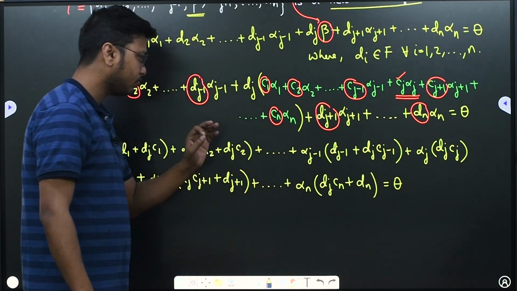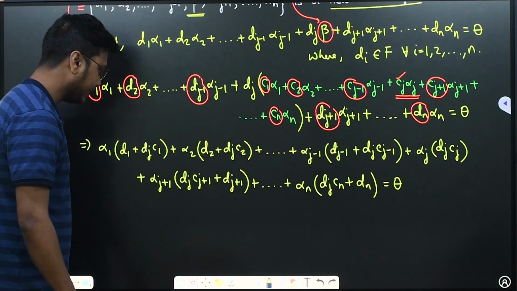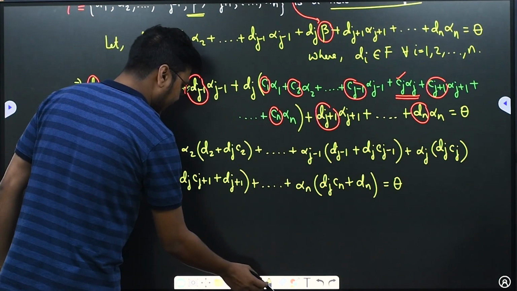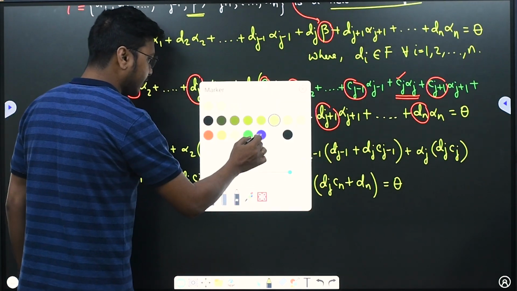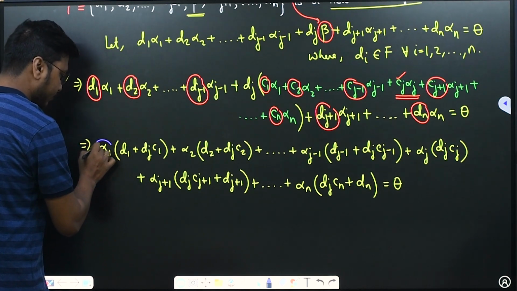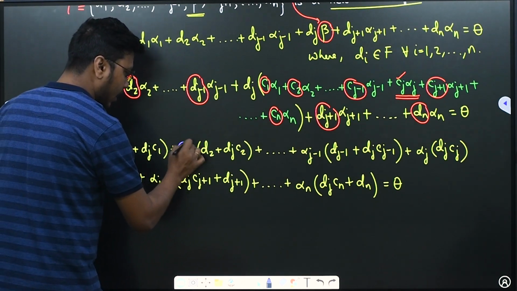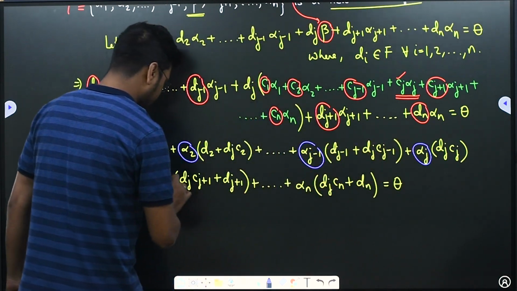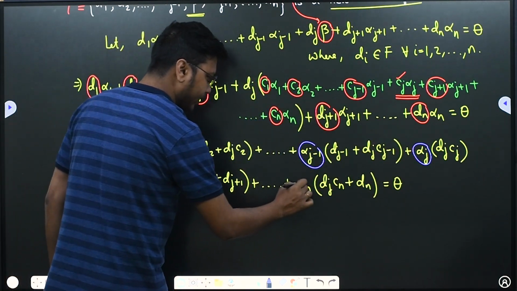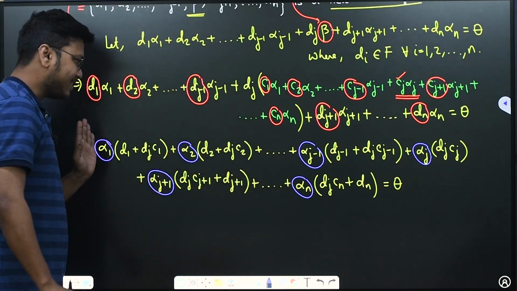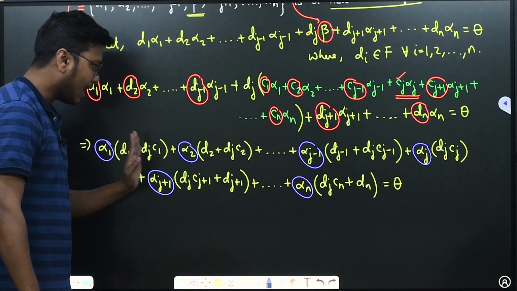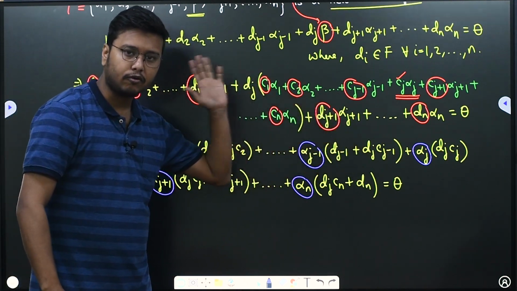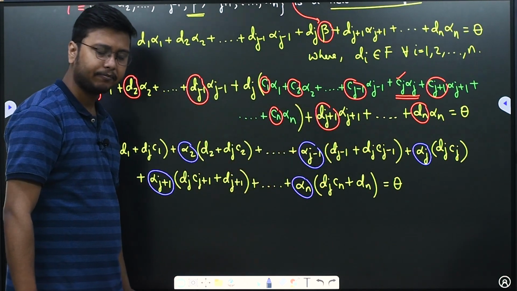Now the important thing to observe here is what vectors we are having. I'll just mark them with a different color. Just observe the vectors are alpha 1, alpha 2, alpha j minus 1, alpha j plus 1, and going up till alpha n. So basically starting from alpha 1 up till alpha n, and these are some coefficients of those alphas, right?